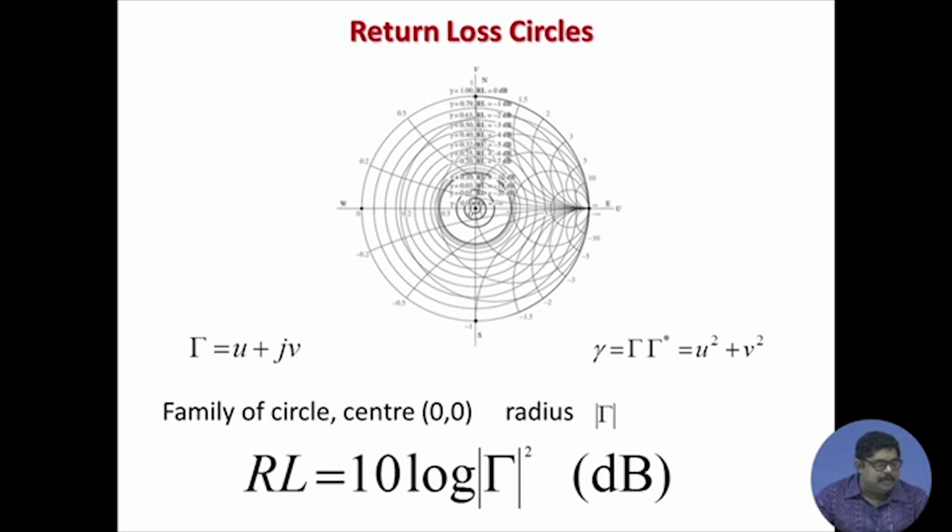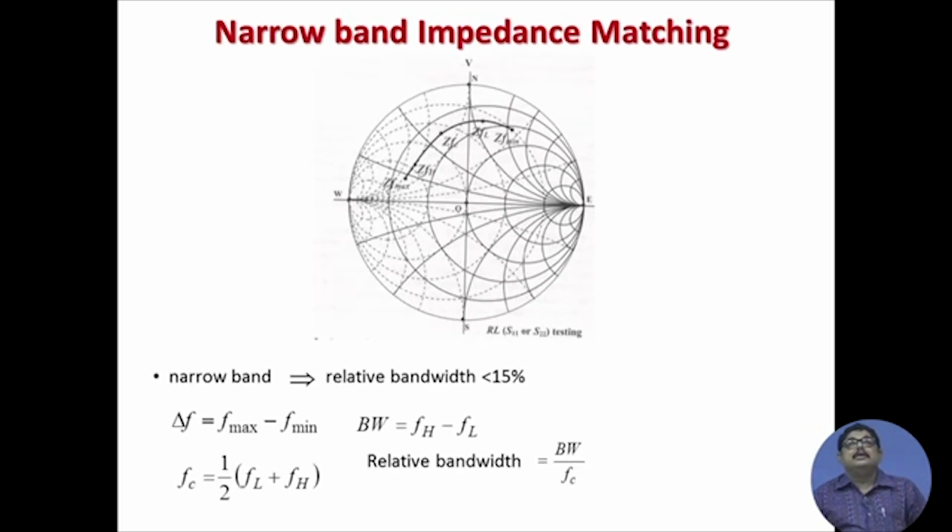Like in the previous one, when you see that it is varying, suppose I also have a requirement that frequency may vary like this, but return loss should not vary more than this. If we superimpose this graph on the given return loss circle, from there you can see how much maximum return loss you can suffer, and from that you can say whether this design is okay or not.